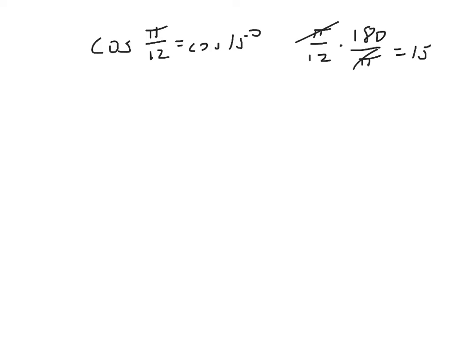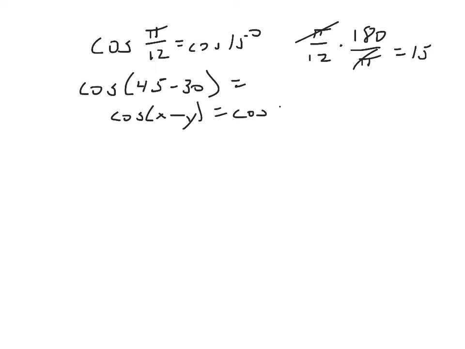So then I can say 15 degrees is really 45 minus 30. That is a separate trig identity. If you look on your sheet, the cosine of x minus y is the cosine of x times the cosine of y plus the sine of x times the sine of y.